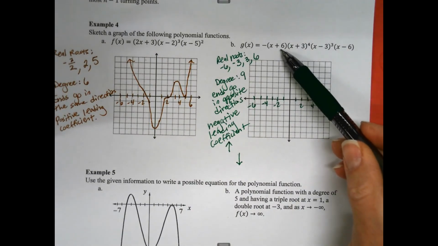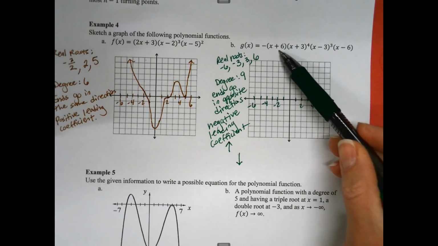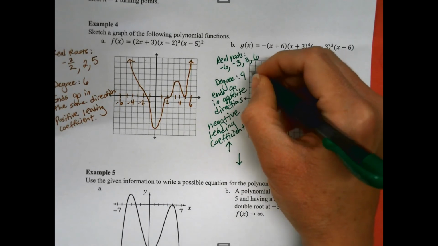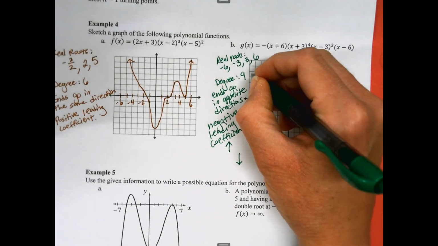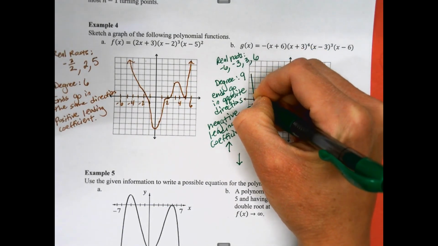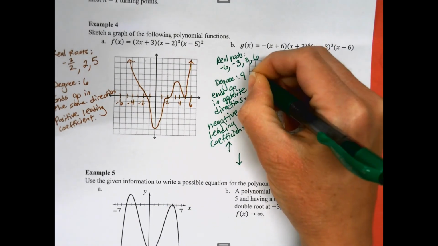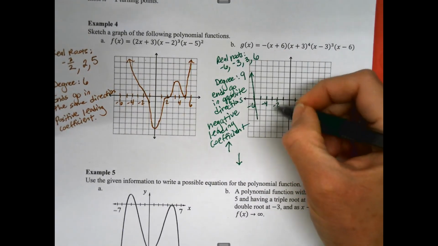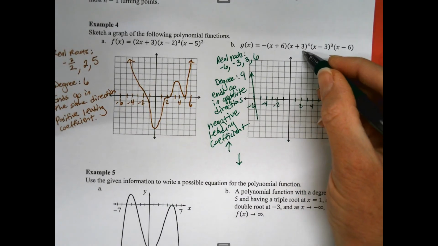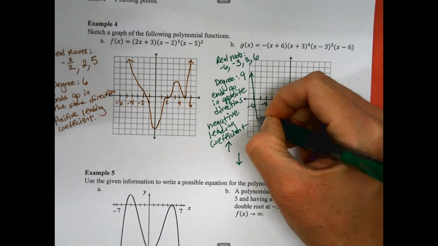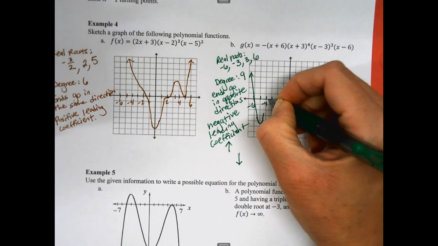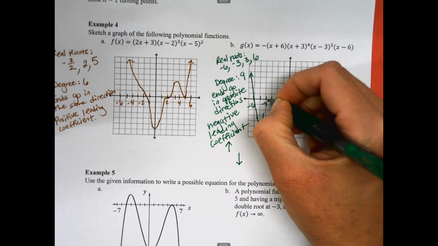Okay, so we're going to pass straight through at -6. It's up on the left, so we're going to pass straight through at -6. And then we turn around at some point, and at -3, we're going to bounce. But it's going to get relatively flat as it hits the x-axis. So it gets somewhat flat here.